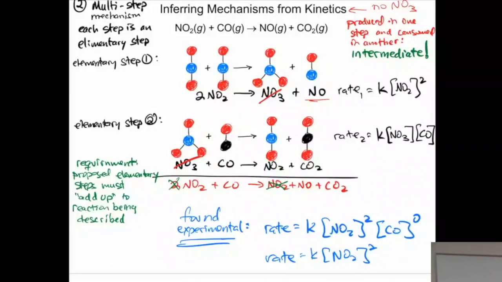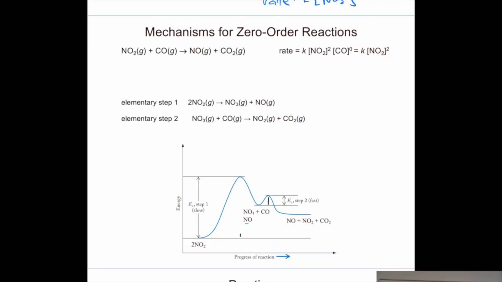So there's one more concept to overlay on this exercise for you. And that is what happens when you have 2 steps. Okay? Here's the overall reaction. We propose 2 elementary steps. Let's go ahead and write the rate law from each elementary step. The rate law for the first step is equal to K times the concentration of the reactant raised to the power of its stoichiometric coefficient.